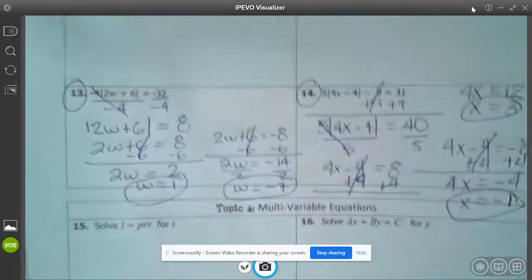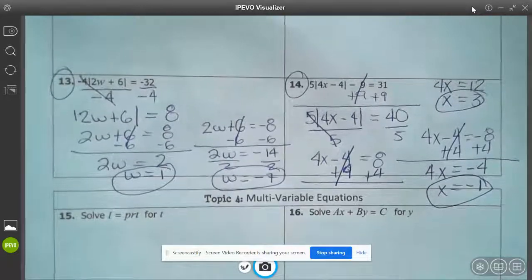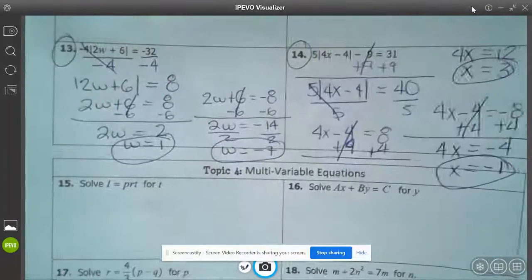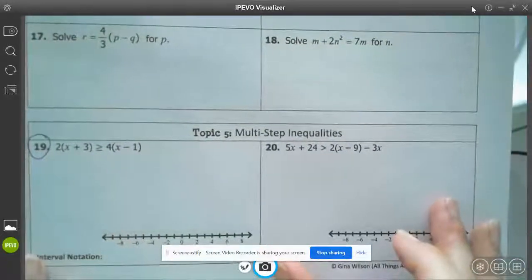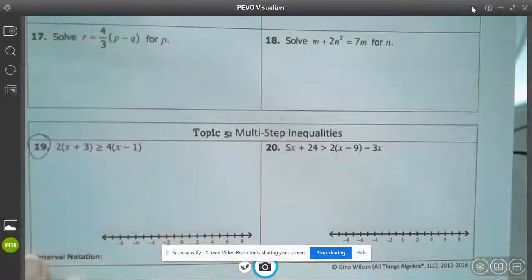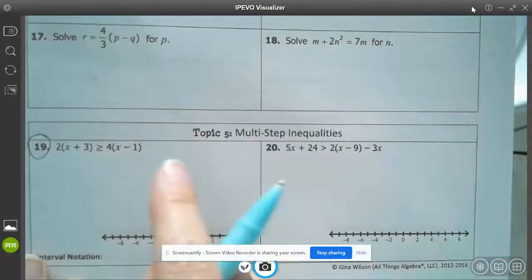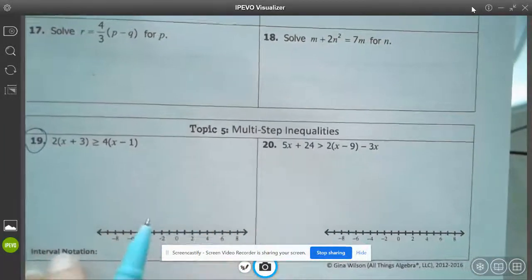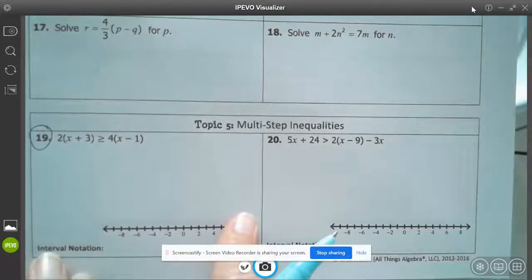Good. Then we went into multi-step multi-variable, oh no, we didn't do any of that. Multi-step inequalities. Okay, let's move along. We said that we were going to solve them just like a regular equation, and then we learned the interval notation and learned how to graph them on a number line.